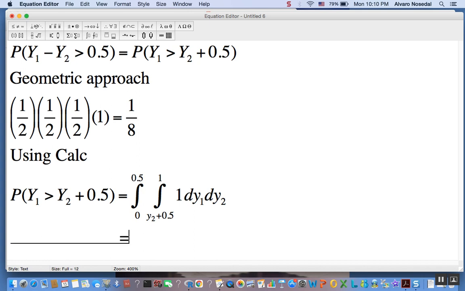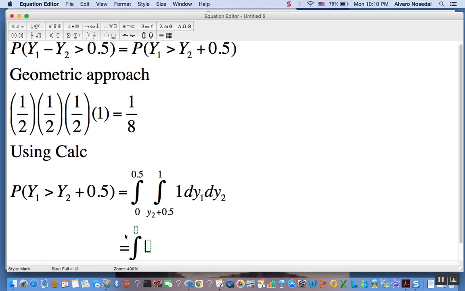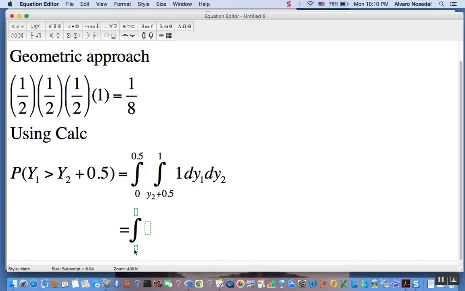Now, I'm sure that you have done something like this before in calc. But the thing is, you just deal with these double integrals one integral at a time, one variable at a time. So first, we want the integral of 1 with respect to y1.